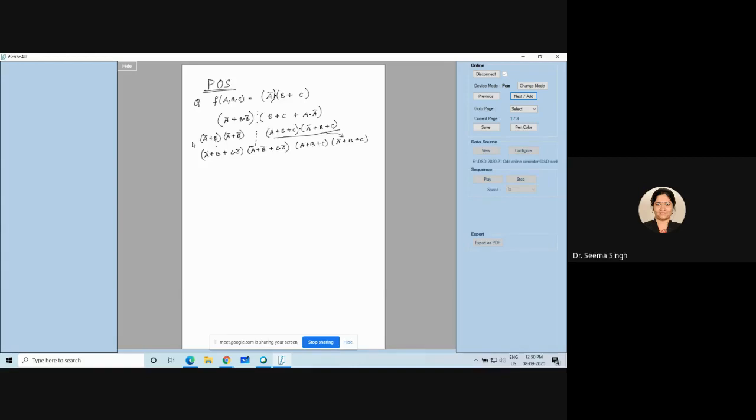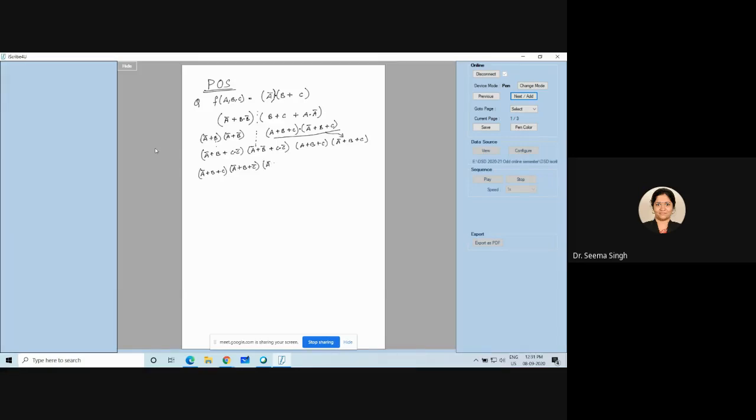Now I think you can open this bracket on your own also, so let us do it quickly. What you will get? A bar plus B plus C, then A bar plus B plus C bar, right? You are getting two terms from one bracket.